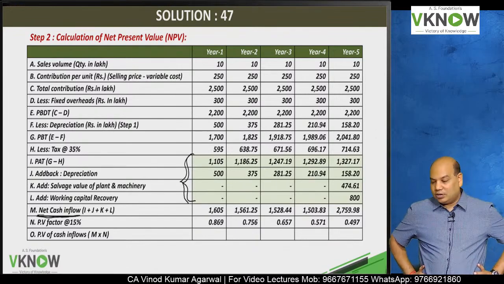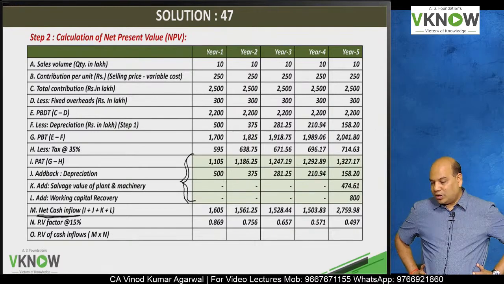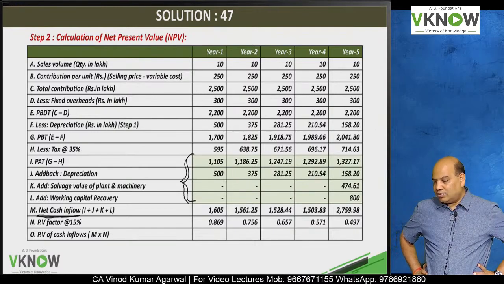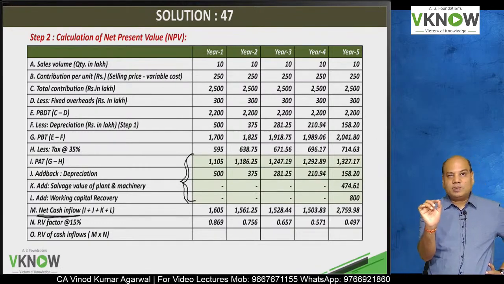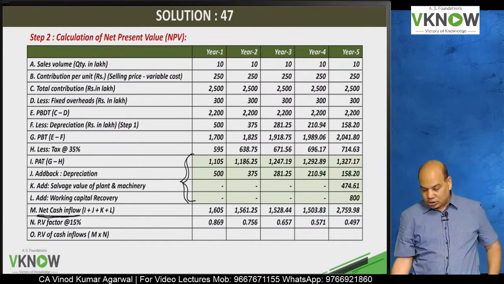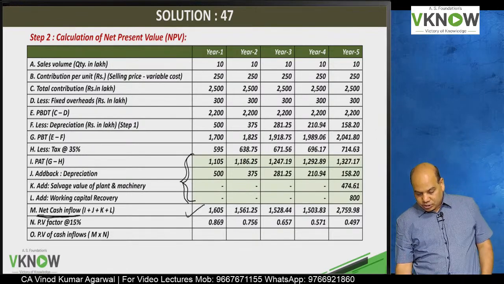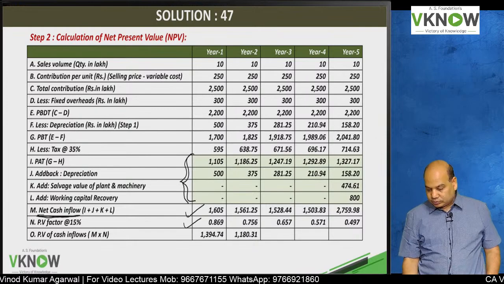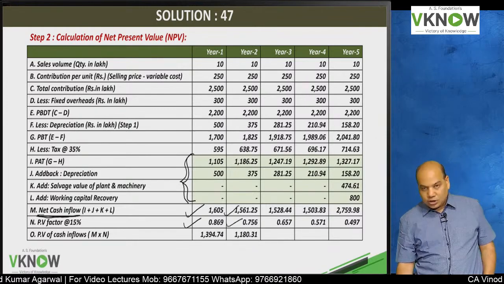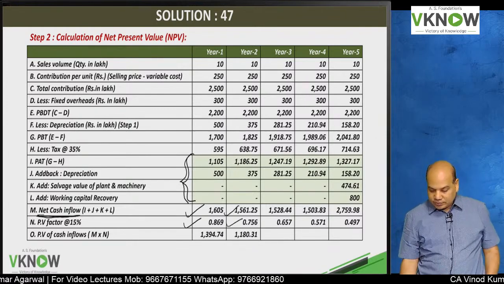Please multiply M into N. Line number M into N. And also take the total. Use memory plus function. I need total also. This into this equal to memory plus.